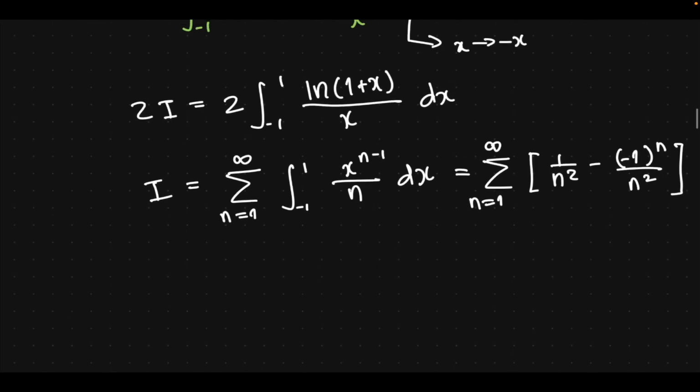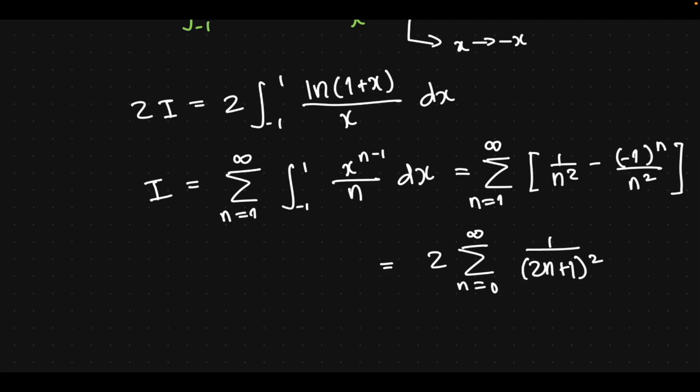And we can actually rewrite this nicely as 2 times the sum from n equals 1, or rather 0 if you want to start the sum that way, of 1 over 2n plus 1 squared.